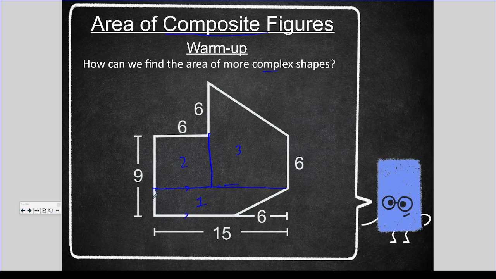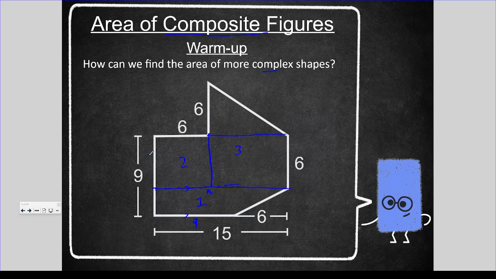So let's see. Shape 1, I have one base is 15, and then the other base is 15 minus 6, so that's 9. And then my height, do I know my height is 3? This is 6. I don't know that these line up, though.